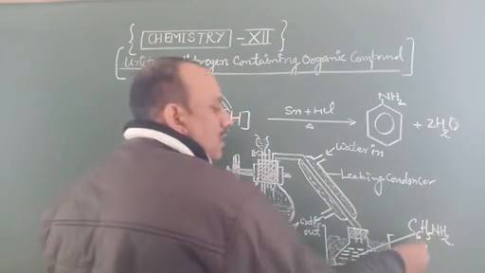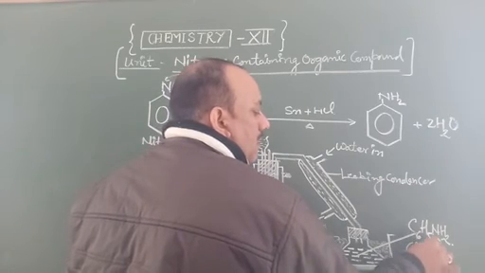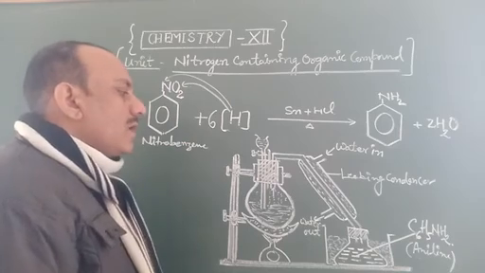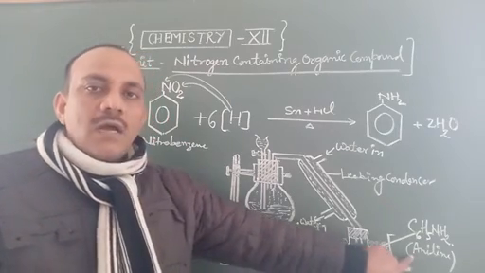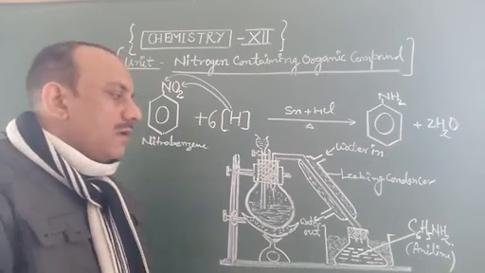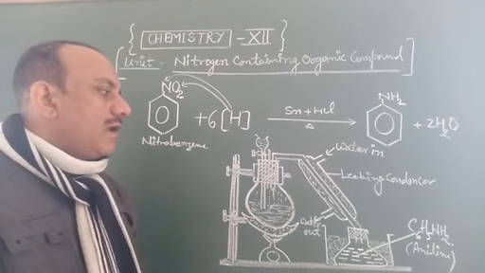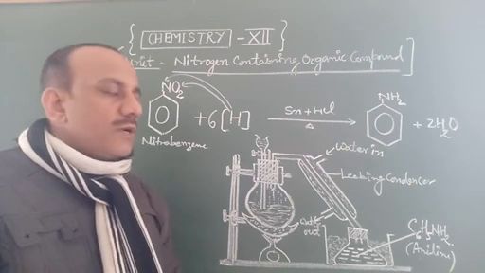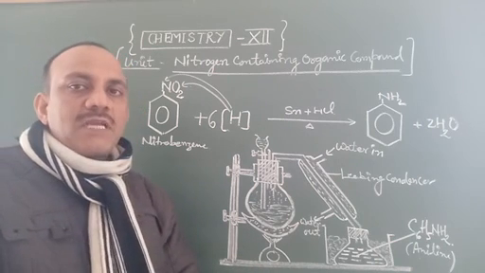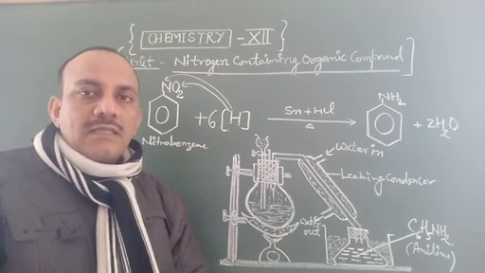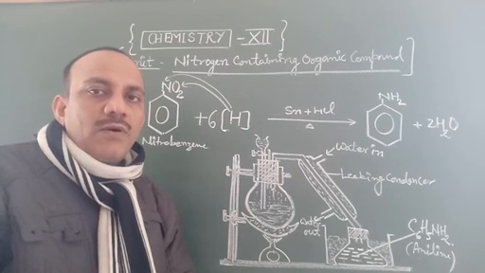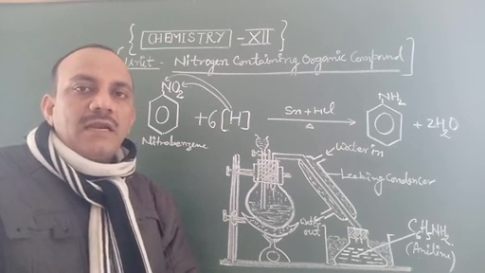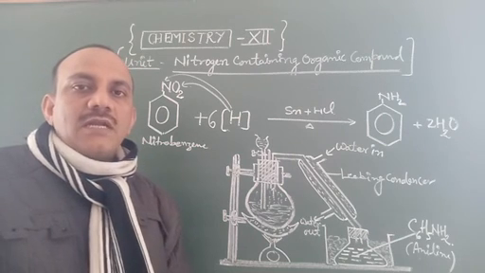C6H5NH2, aniline. After crystallization, it is collected in pure form. So students, this is the lab preparation method of aniline. In another class we will discuss some other formation methods of aniline and then their chemical reactions and physical properties.